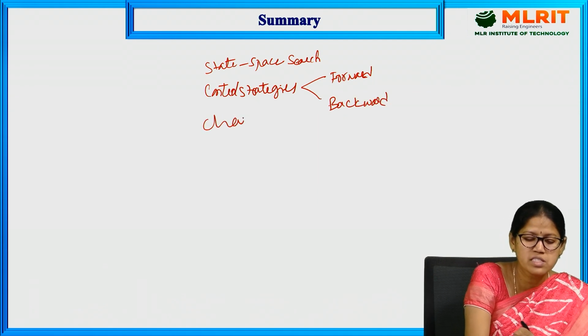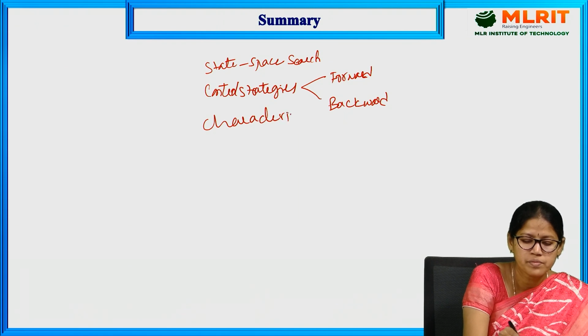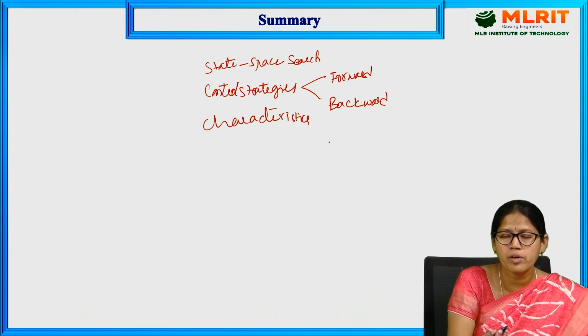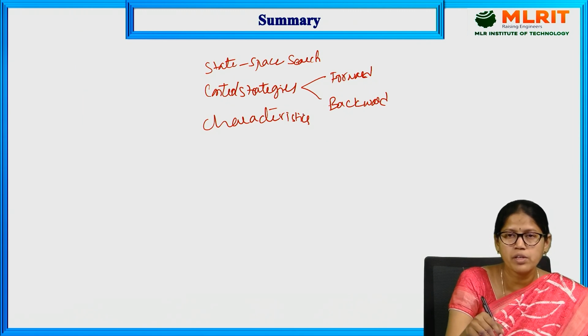Next, characteristics of problem: type of problem, decomposability of problem, role of knowledge, consistency of knowledge base, and requirement of solution. Those are the characteristics of the problem.